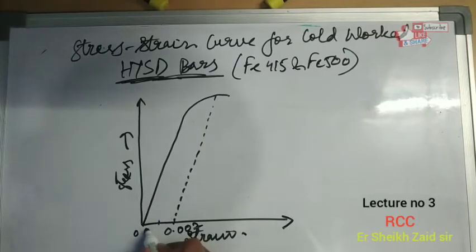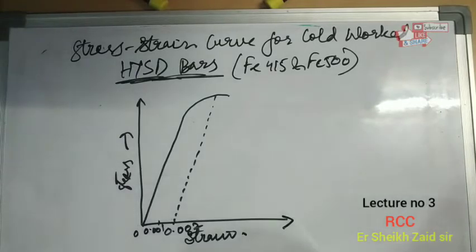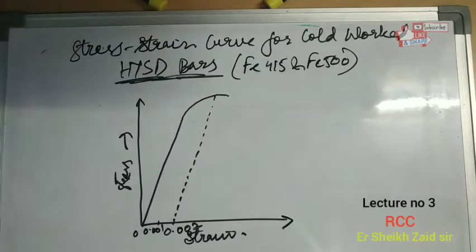If this is 0, this is 0.001. So we will consider yield corresponding to this point. Actually these bars were subjected to tension test. So this was all about the stress-strain relationship of HYSD bars.